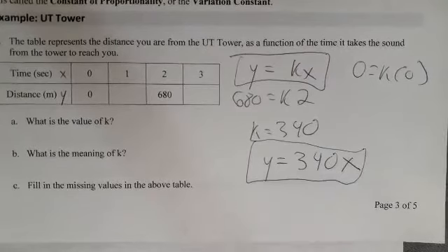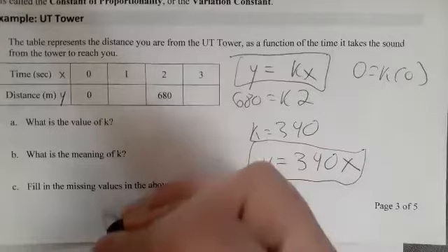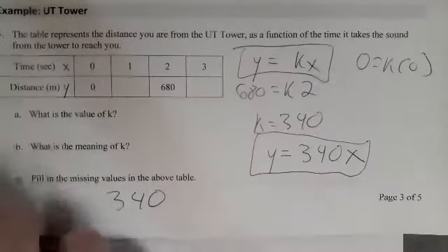And so we're thinking about this. This is like our slope here. And so we're going to interpret this thing, our constant or our coefficient, what do they call it? The constant of proportionality. We're going to interpret this thing like a slope. So it's like 340. And it's the change in y per the change in x.